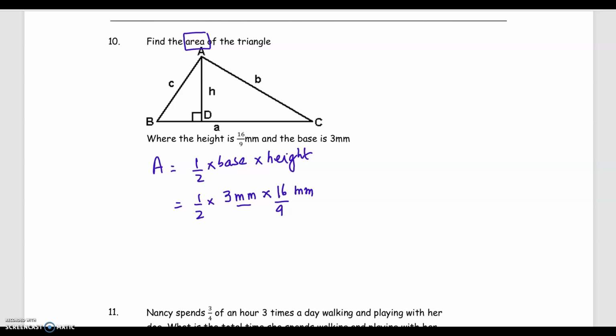The reason I'm writing the millimeters is because millimeters times millimeters is millimeters squared. That tells us that the unit of measurement of area is millimeters squared.